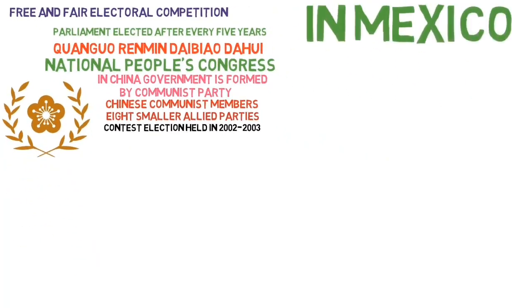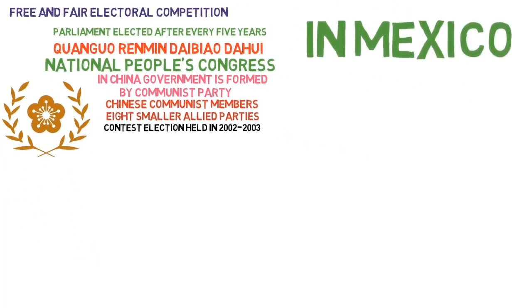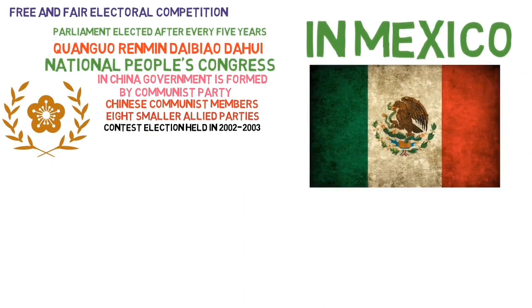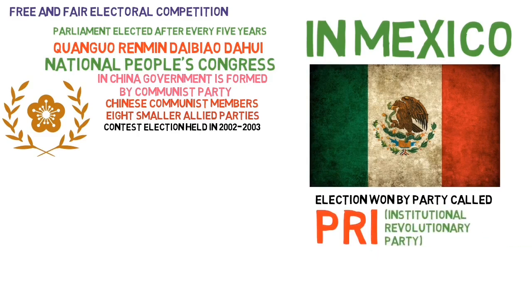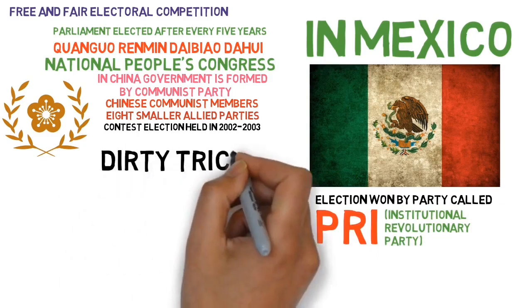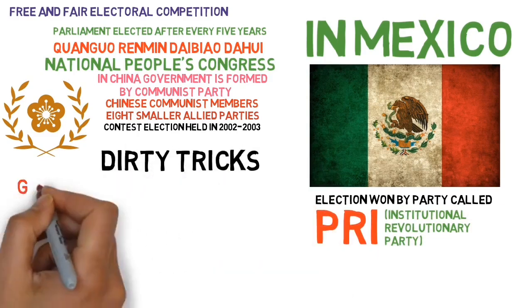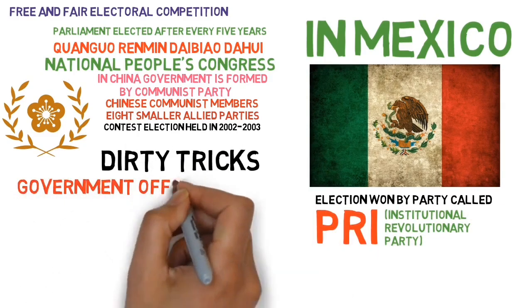Another example we are going to take is Mexico. In Mexico, there is only one party that wins elections all the time. Which party is that? The PRI, also known as the Institutional Revolutionary Party. They win because of some dirty tricks. What are those dirty tricks?